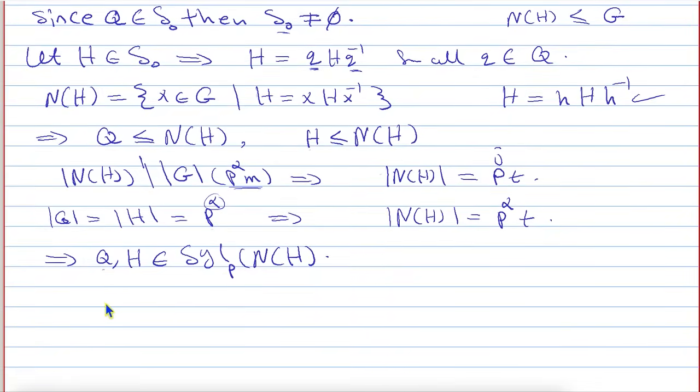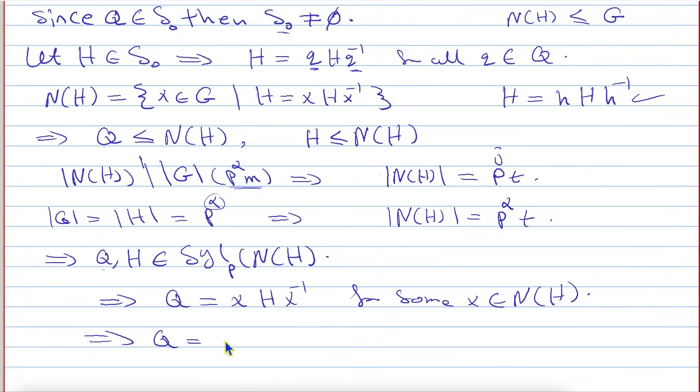So this implies that Q equals x H x inverse for some x in the normalizer of H. Okay, but now since this x is in the normalizer, we obtain that Q is x H x inverse, which is equal to H, because x is in the normalizer. So we found that Q is in fact the same as H.